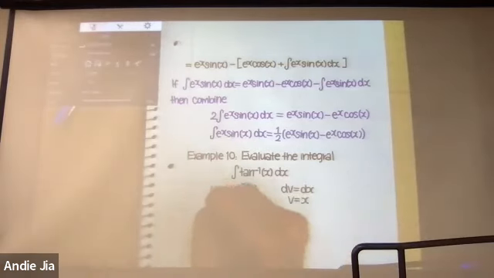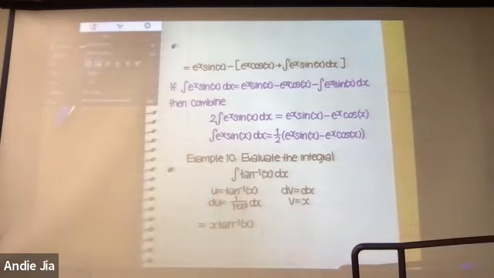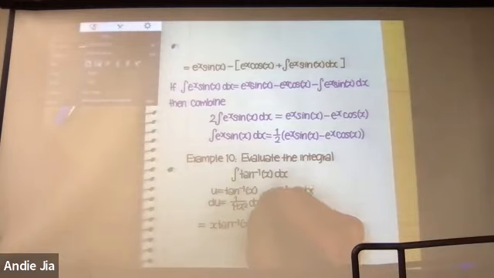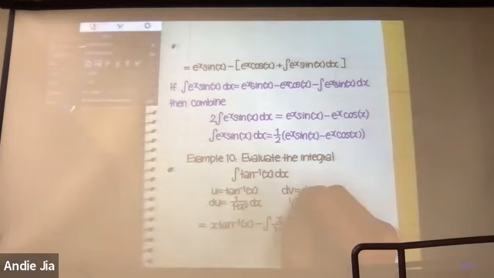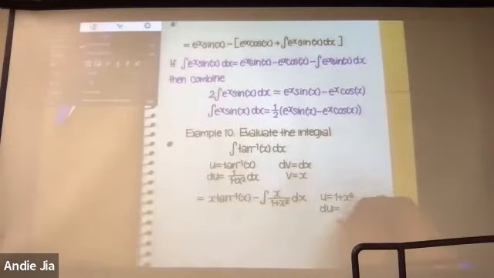This is going to be x inverse tangent of x minus the integral of x over 1 plus x squared dx. For the u substitution, let u equal 1 plus x squared, du is 2x dx.